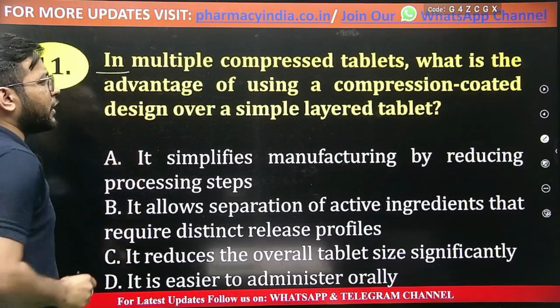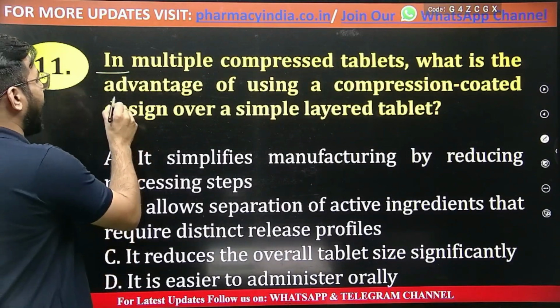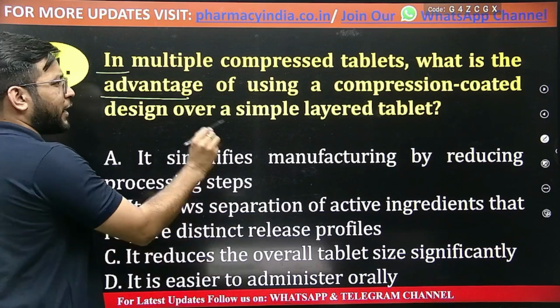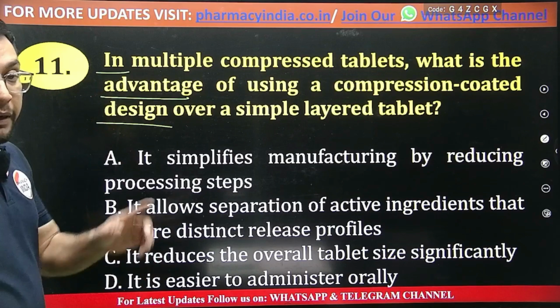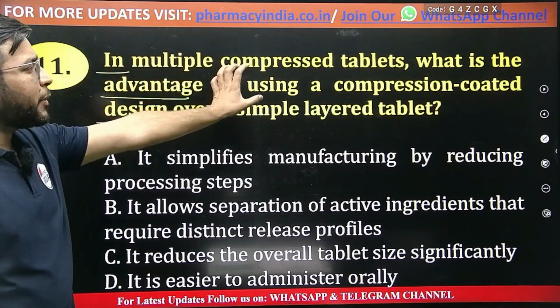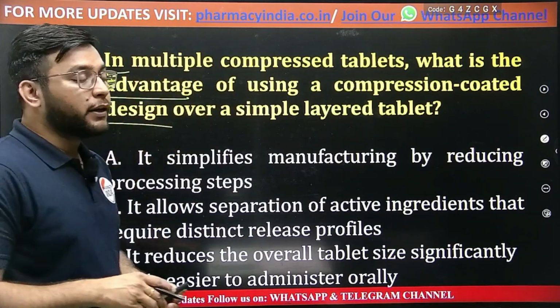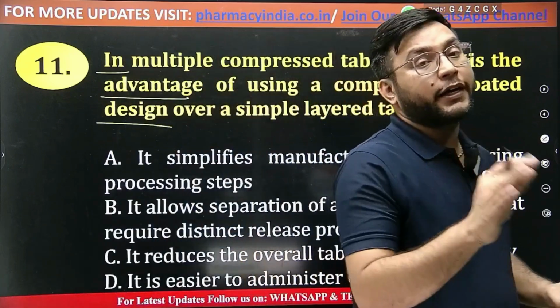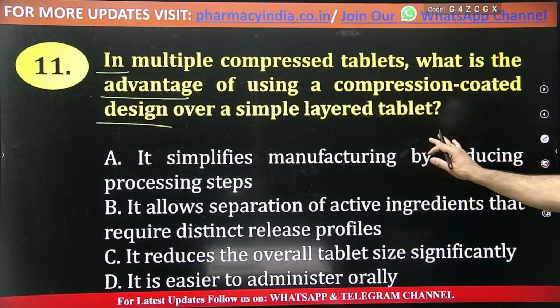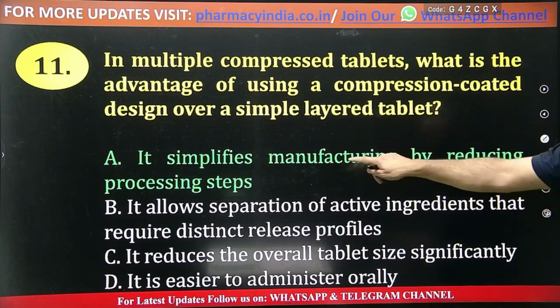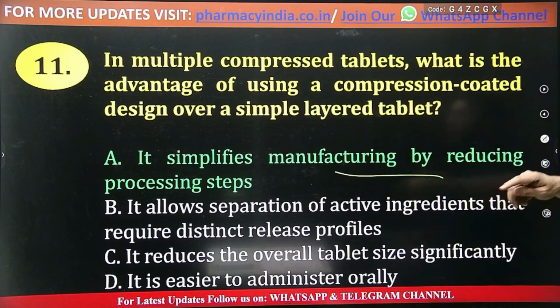In multiple compressed tablet, what is the advantage of using a compression coated design over a simple layer tablet? The question is asked from the advantage part. That is, it simplifies manufacturing by reducing processing steps.